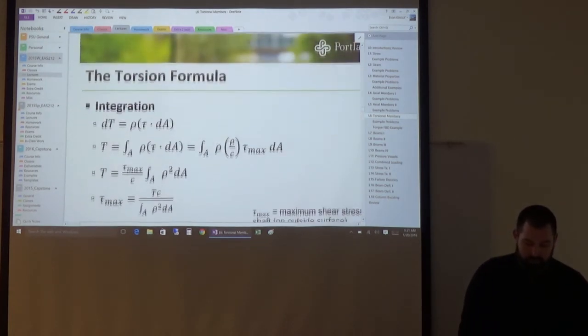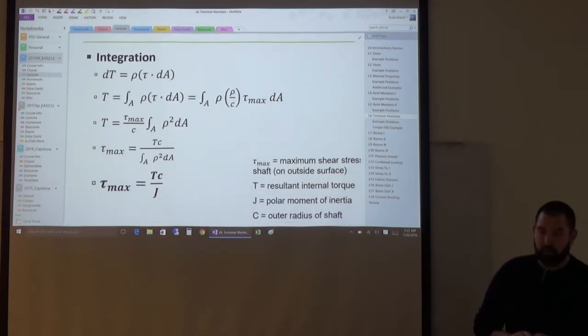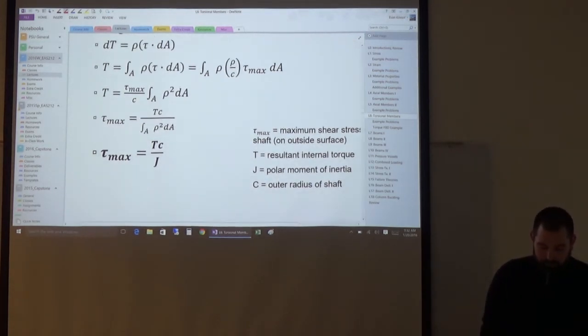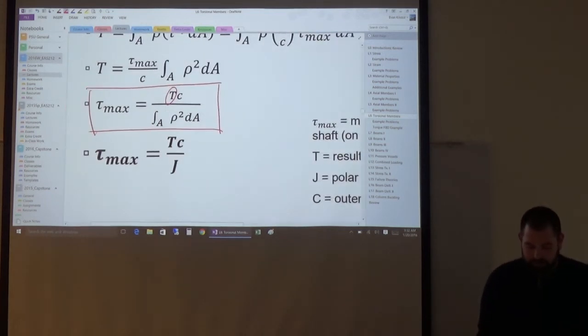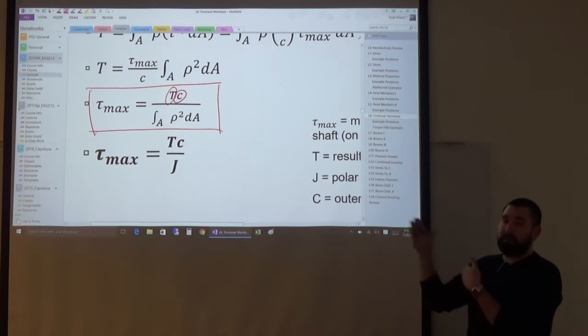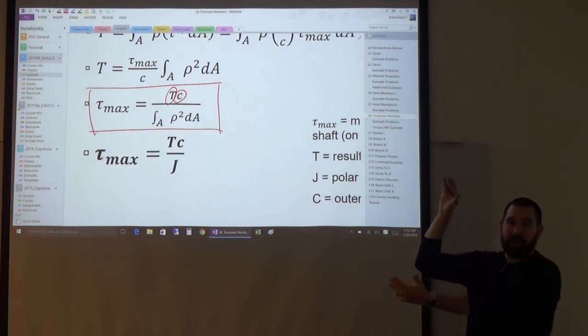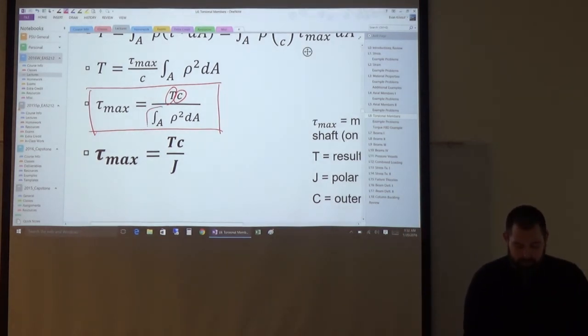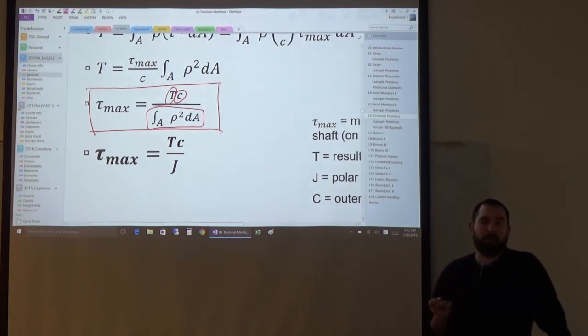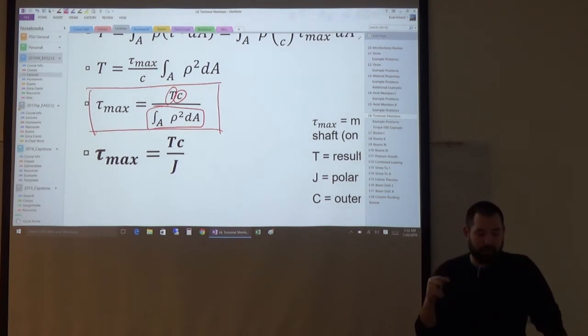And that tells us we can start to integrate all of those areas together, and we end up with the maximum shear stress equal to the internal torque acting on the cross section, T, times the distance to the centroid from the extreme fiber, which is just the radius, divided by this integral right here, the integral over the area of rho squared dA. So rho is simply the distance of any point from the centroid, and dA is just that small little differential area the shear stress is acting on.